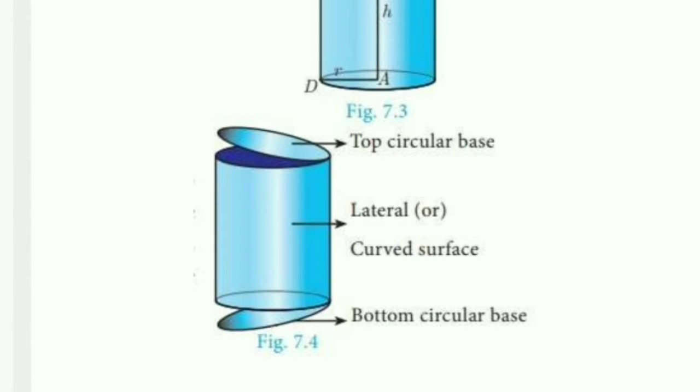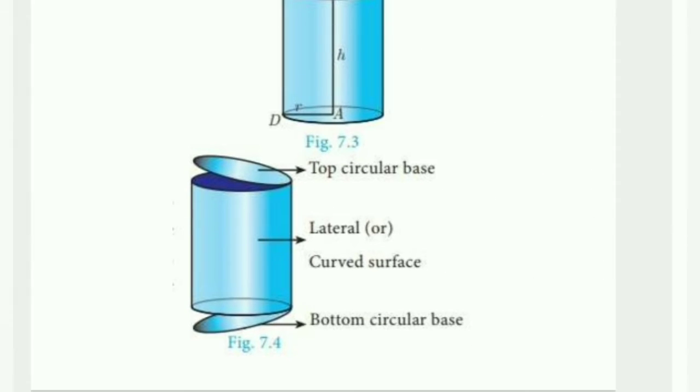In this figure you can clearly see the lateral or curved surface, which doesn't include the top and bottom portion of a cylinder. It only includes the round shape, the lateral or curved surface. We will first see the curved surface area and then the total surface area, which includes the top circular portion and the bottom circular portion.